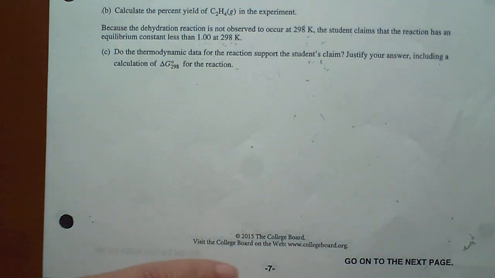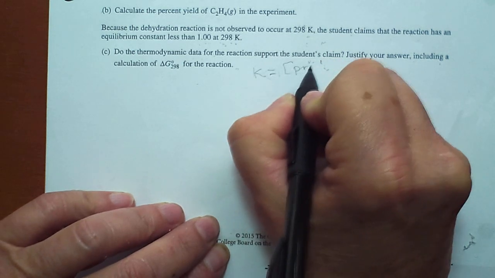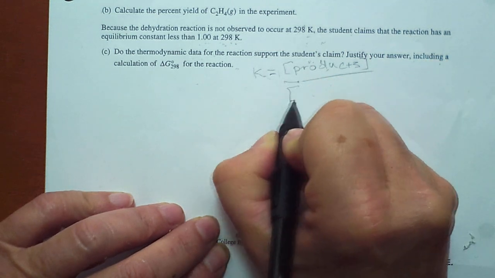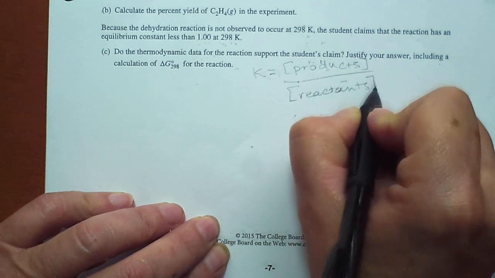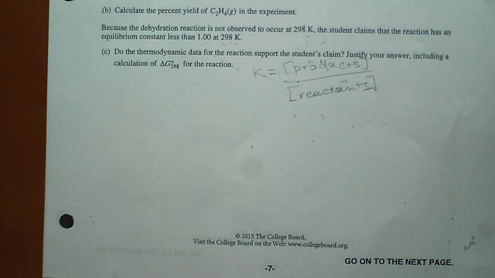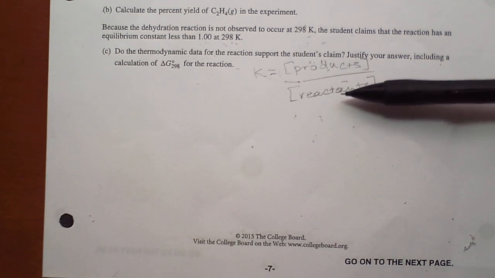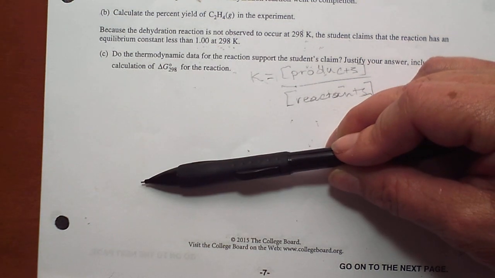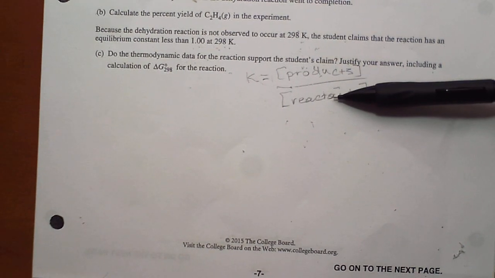So let's remember, first of all, that K is equal to the concentration of the products over the concentration of the reactants. So right away, the student is saying that this ratio is less than 1, which means at equilibrium the reaction would be more toward the reactants.